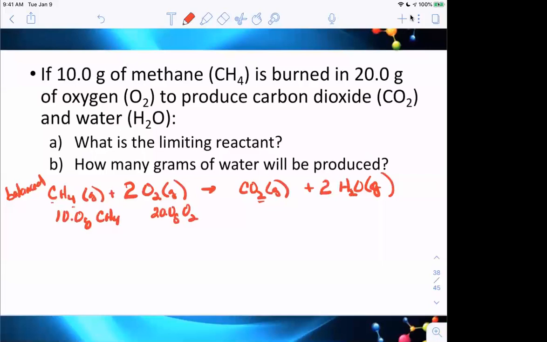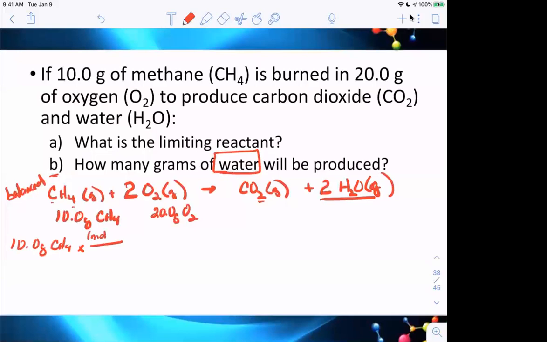I have to pick the same product for both calculations, but I can use either CO2 or water. Notice part B is asking about water. So I'm just going to determine the limiting reagent based on the amount of water produced, because that saves me some calculations at the end. So I'm going to take 10 grams of CH4.